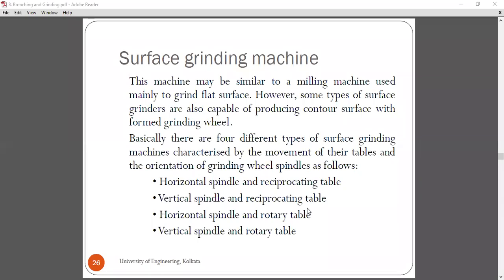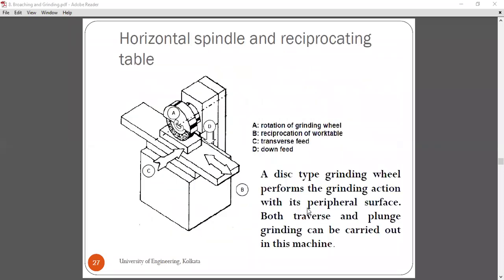As we can understand from the nomenclature, the spindle rotation in the first case is horizontal, the axis is horizontal, and the table reciprocates. So let us quickly see how it is. We can see the axis here is a horizontal axis, and the reciprocation of the table takes place.